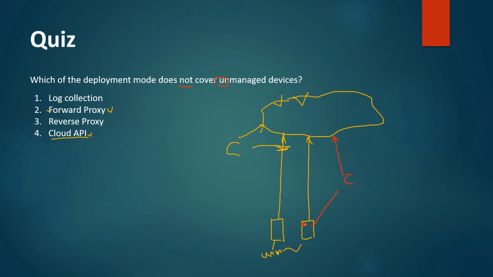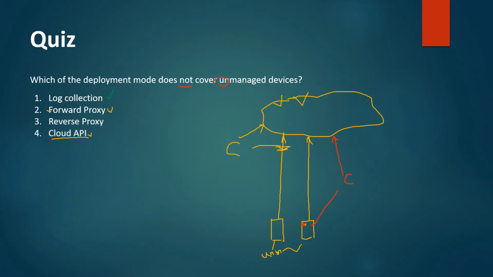And we want to talk a little more about log collection, because in some seminars or discussions, log collection is treated as one of the deployment modes. I would argue that log collection is not actually deployment, it is one of the functions, depending on whichever security enforcement you collect the log from. But that's not the way you deploy.